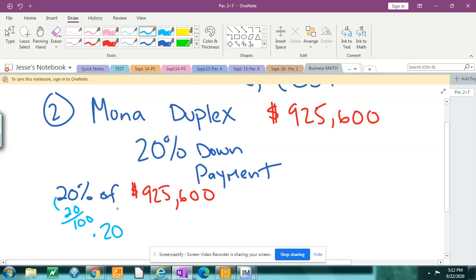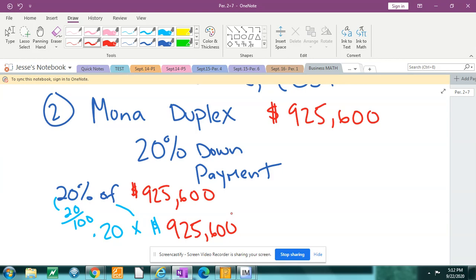And remember, of is always times. And what are we multiplying it by? 925,600. So when you do the calculation, let me go ahead and do my calculation here.